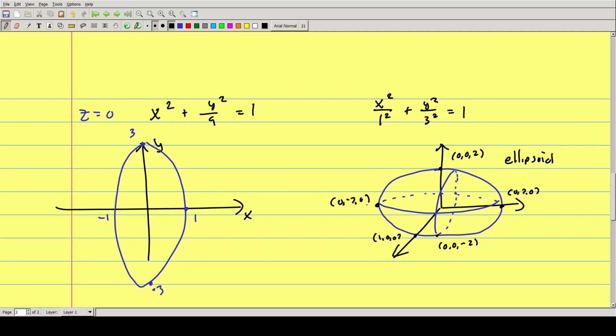Okay, so for this one, it's fairly easy to figure out what's going on. But for other shapes, we might have to draw more of these level sets in order to get an idea of how things are put together.